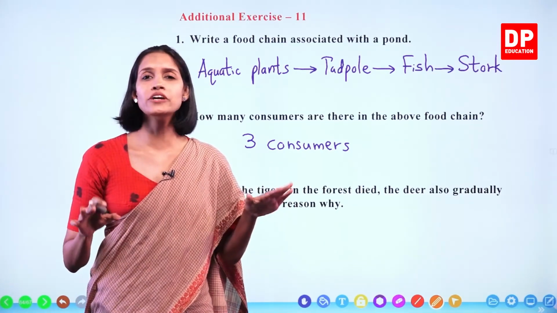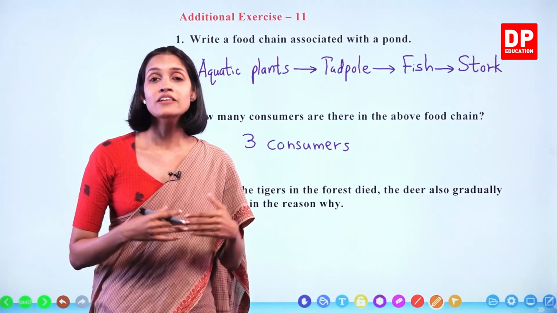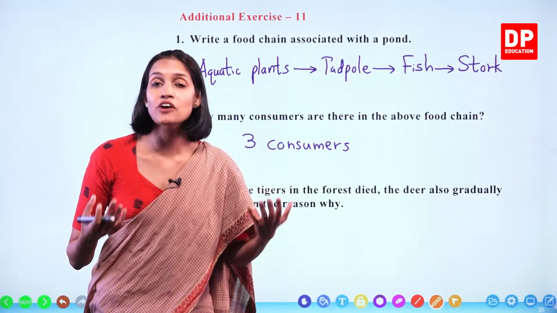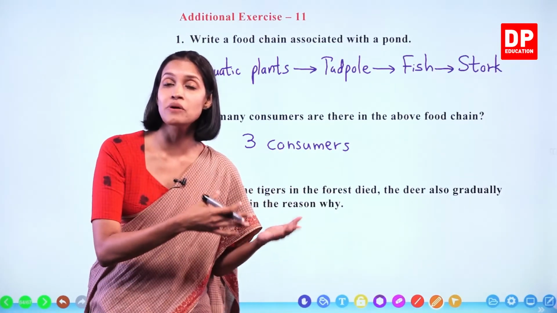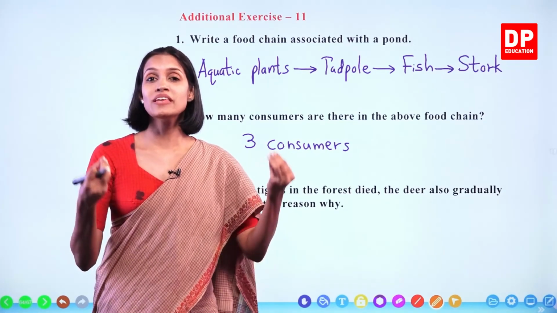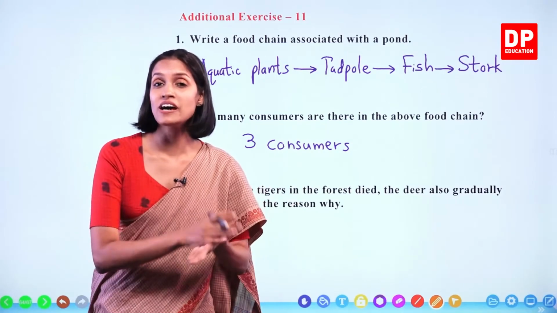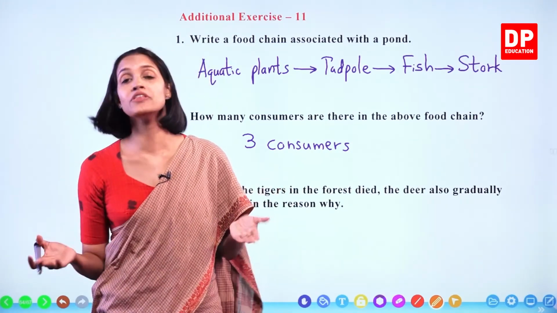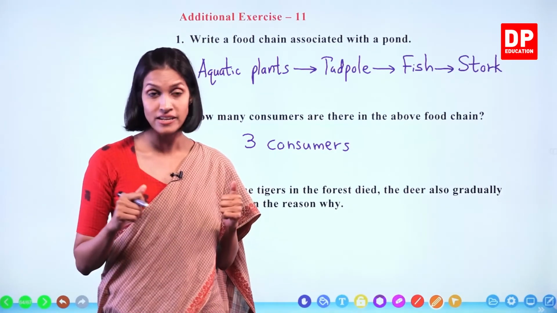But at one point, what will happen when there's a maximum number of deer? They will not have enough food because there's only a limited forest cover or limited amount of plants to feed on. So at one point, when the present cover of plants is not enough for all of them to feed, what will happen? They will gradually die, right?